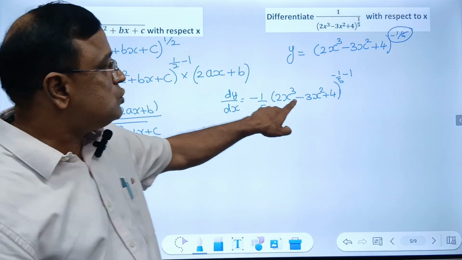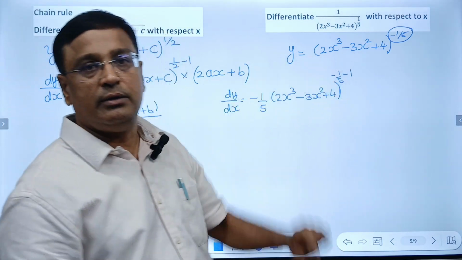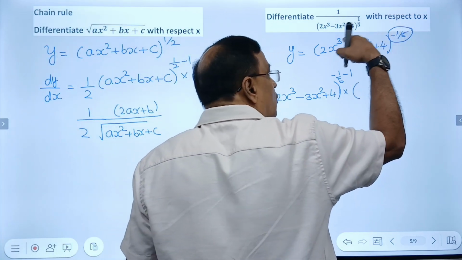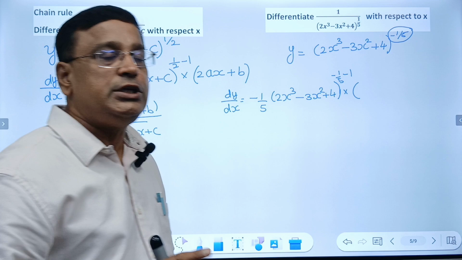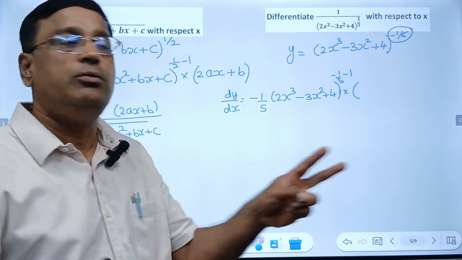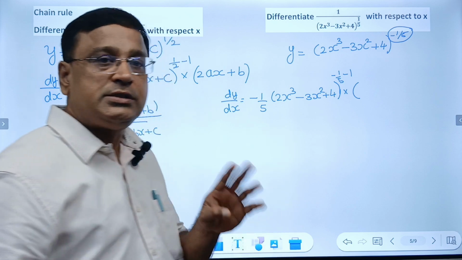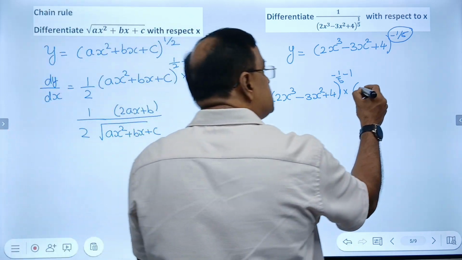I am done with the power. Now go to the base. What is the differentiation of 2x cube? 2 will remain as it is, and x cube differentiation is 3x square, so it will become 6x square.